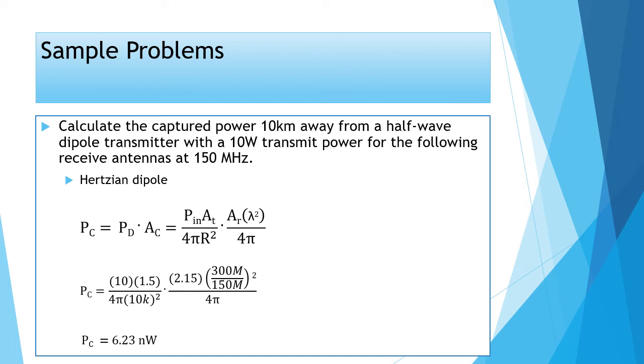It's 300 mega divided by 150 mega squared. So that would give us the wavelength divided by 4 pi. And then computing for that, we have a captured power of 6.23 nanowatts.